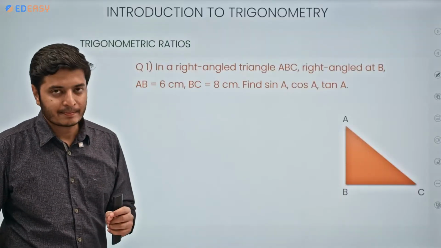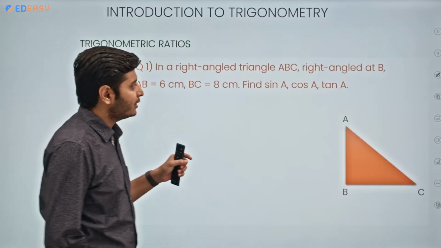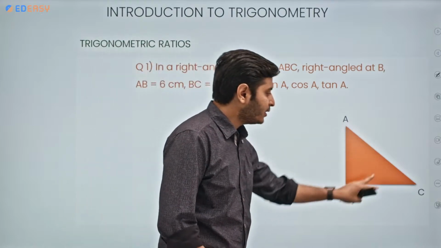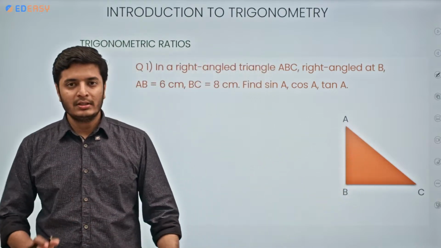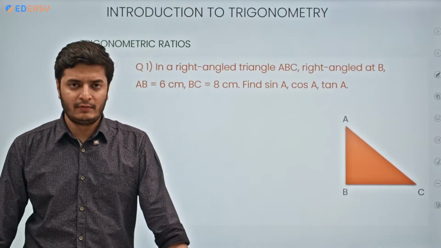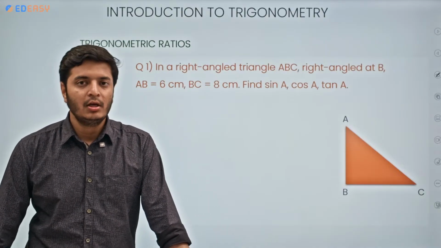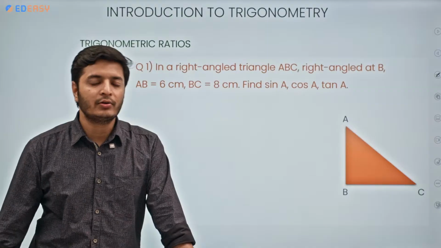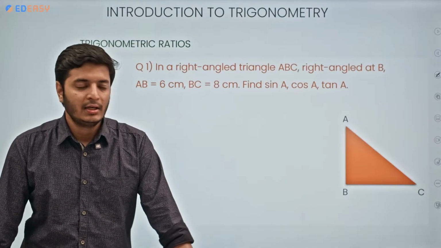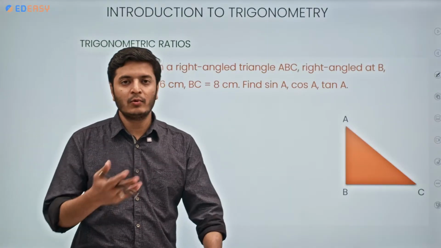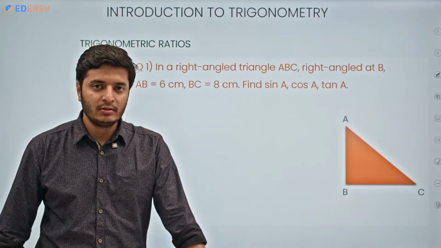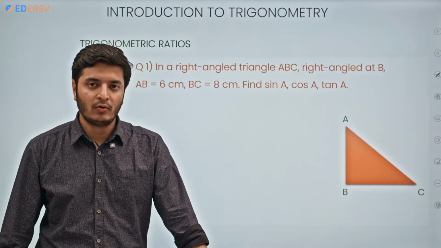First problem is in a right angle triangle ABC. Okay, a right angle triangle is given to us. Sometimes the figure will be given, sometimes it will not be given. So you can always create a figure on your own for your reference only. A figure will give you more confidence. What you are dealing with, you can visualize easily. So always do this.